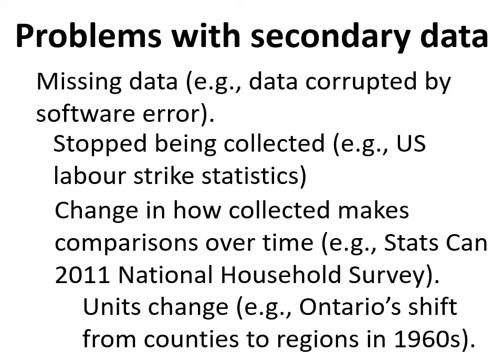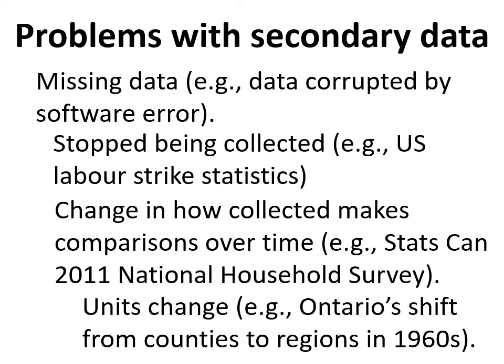Another thing that can happen is that your geographical units change. So in the 1960s, Ontario began shifting from, I mean, there are still counties in Ontario, but in the 1960s, there began to be a shift towards creating what are called regional municipalities that, in the case of Niagara, for instance, amalgamated two different counties.